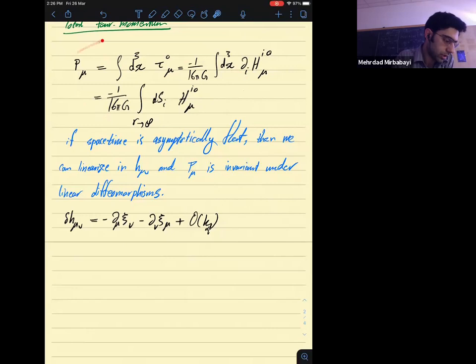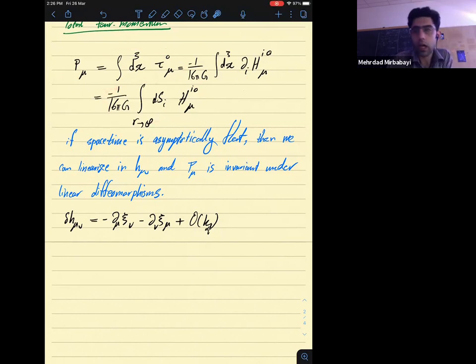So this object that originally in this form looks coordinate dependent because it is an integral of a pseudo tensor, if we are asymptotically flat and we restrict ourselves to this particular set of coordinate systems that respect asymptotic flatness, it becomes uniquely defined.